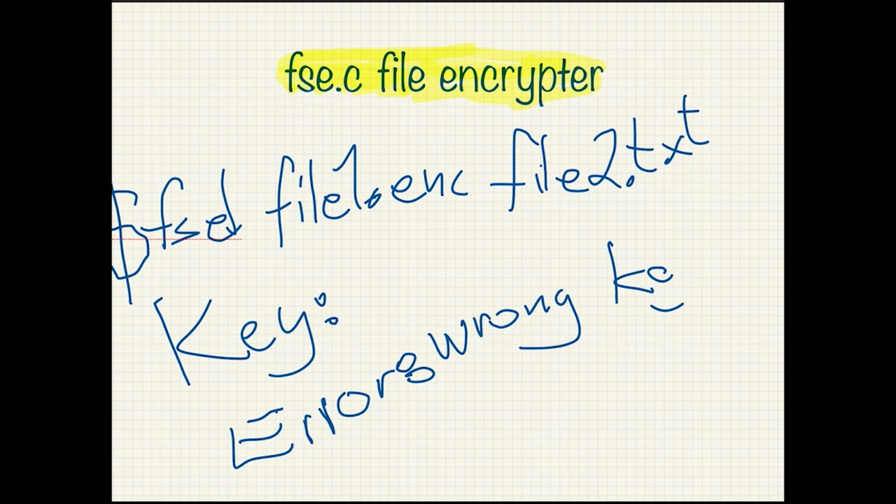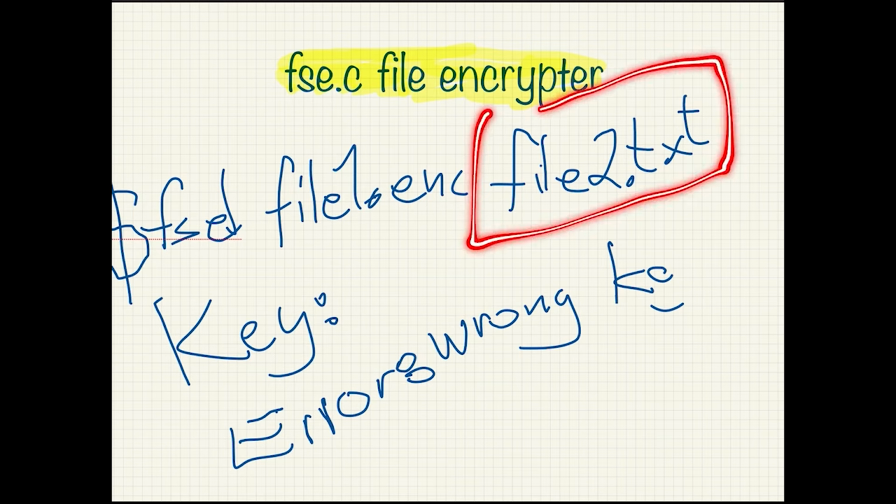Then it will not fail if the key is incorrect. The only thing is it will produce the wrong output. So the output file will be a lot of random garbage, basically. And if you provide the correct key, it will be the right file. And that makes it very difficult for checking if the key is correct, because the program does not know what kind of a file this should be.